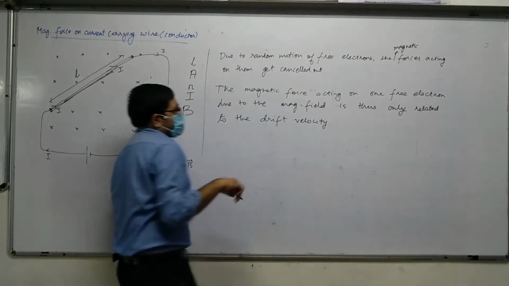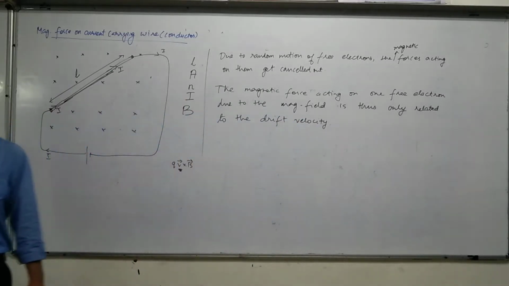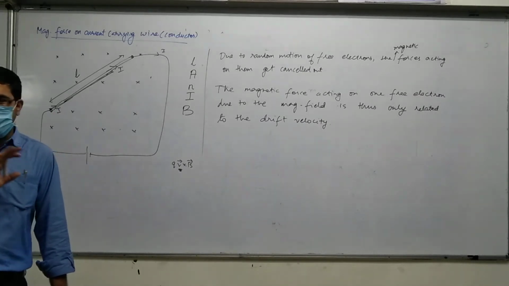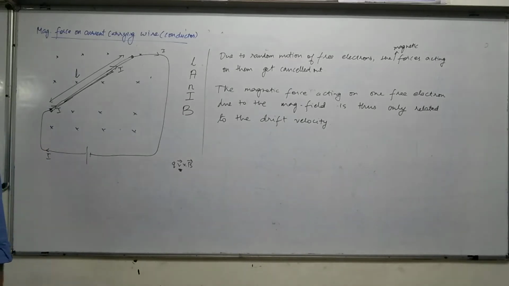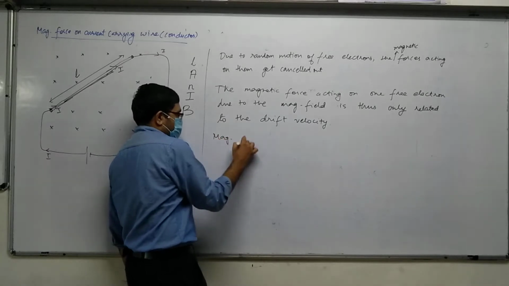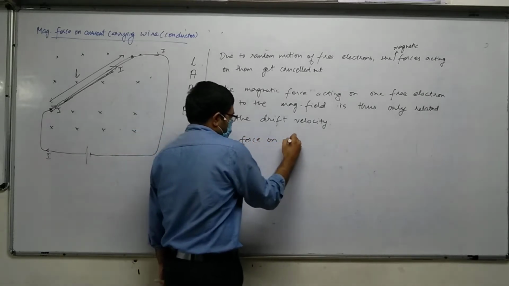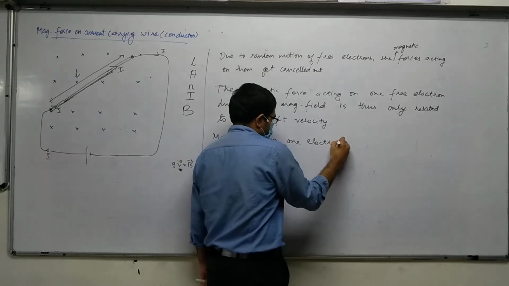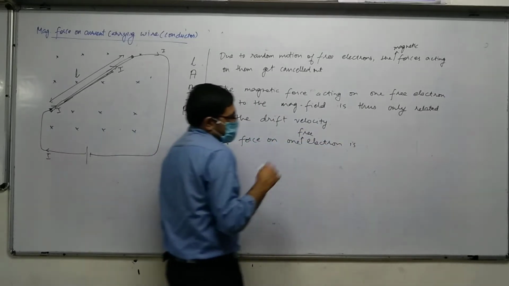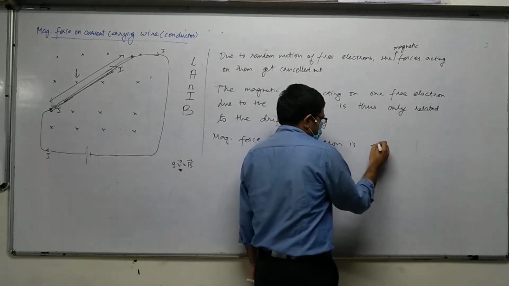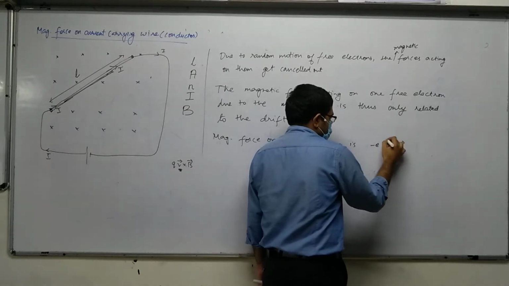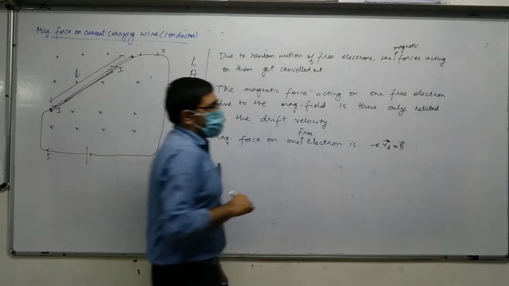What we are writing is that if you want to find magnetic force on one electron, then you should only consider the drift velocity, not the random motion. Did you understand that sentence? Okay. Therefore, magnetic force on one free electron is how much? Charge of free electron, minus e, V d vector cross B vector. Did you understand this completely or not?